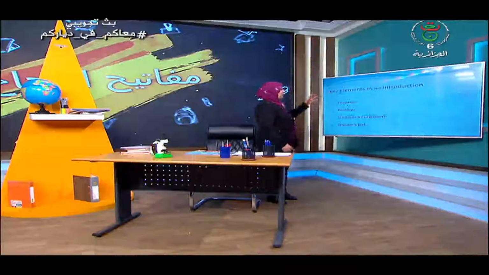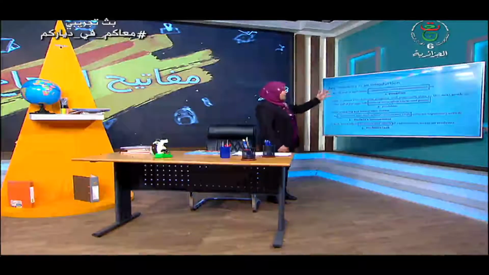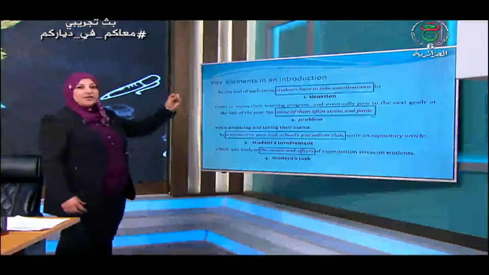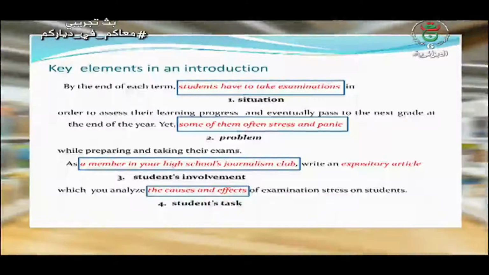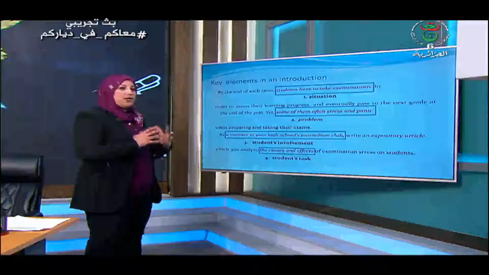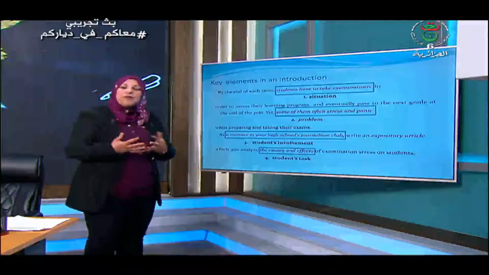For the situation, as you see, the red part is students sitting for their exams. Now, there is a problem. What's this problem? It is the fact that some of them often stress and panic. They cannot manage this period in their learning process. So, your involvement, what do we mean by your involvement?